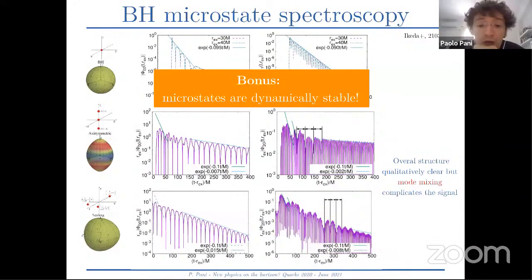And as a bonus, what the study showed is that microstates are dynamically stable, at least for a test scalar field, which was expected, but not guaranteed for this case. In particular, these solutions do not have ergoregions, so they are not unstable to the ergoregion instability, even if they are spinning.